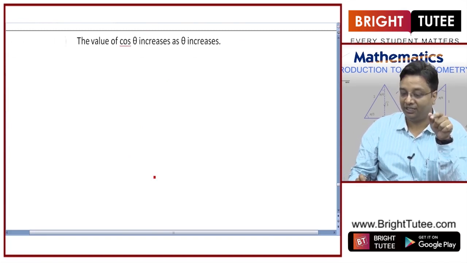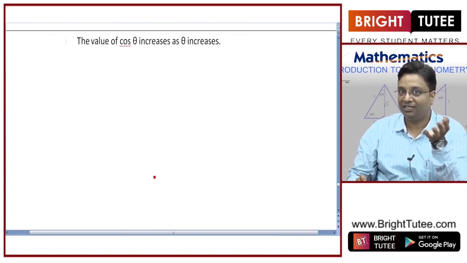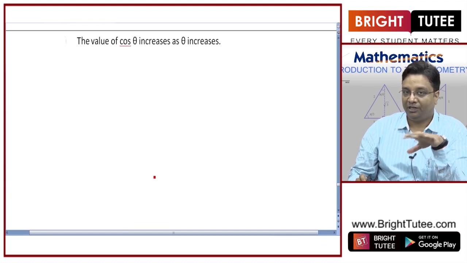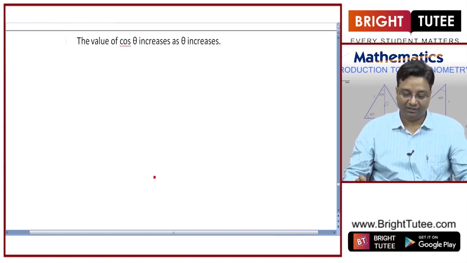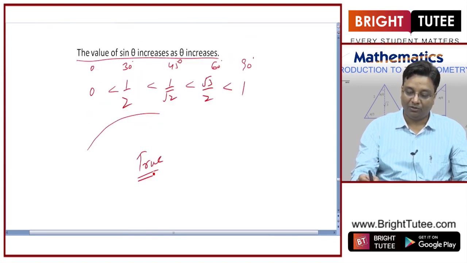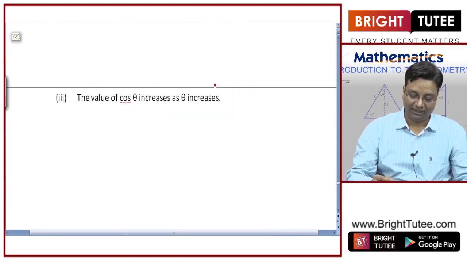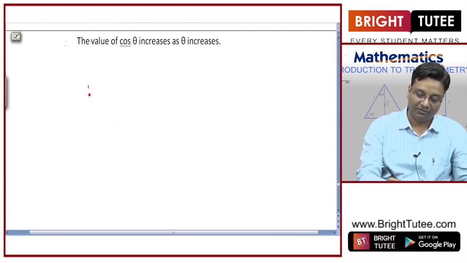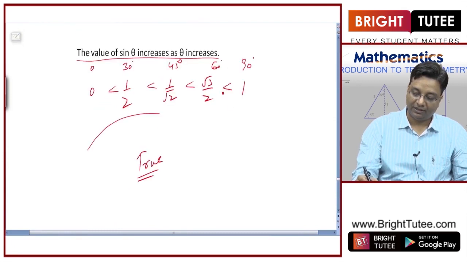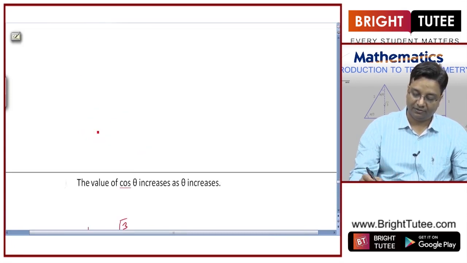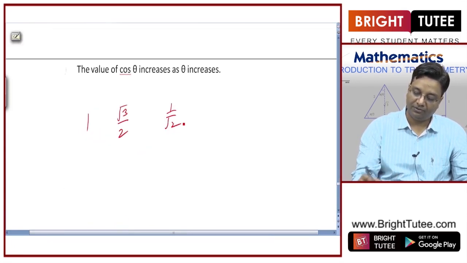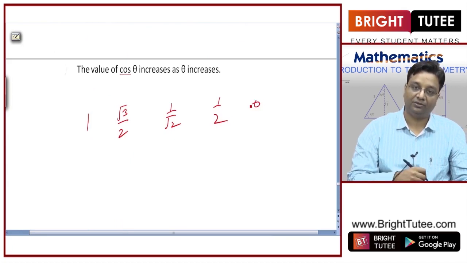The value of cos theta increases as theta increases. How can it be true? Because values of cos theta are just the flipped table of sine, right? So cos theta values go from 1 to 0, right? It starts with 1, root 3 by 2, like this, 1 by root 2, 1 by 2, 0, right?